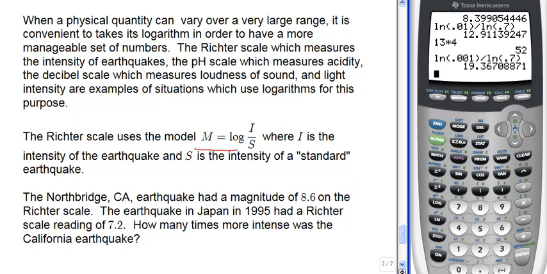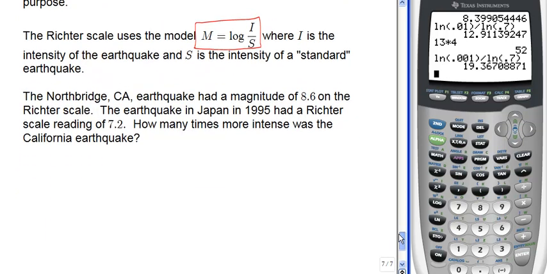This is just a formula that you would need to know, and it says that M is equal to log of I over S, where I is the intensity of the earthquake and S is the intensity of a standard earthquake.